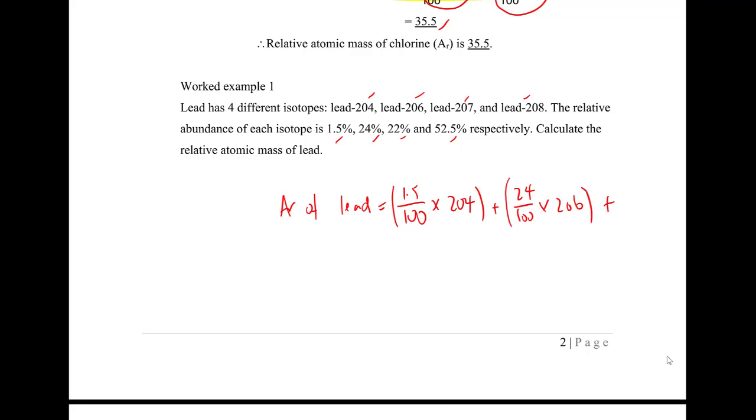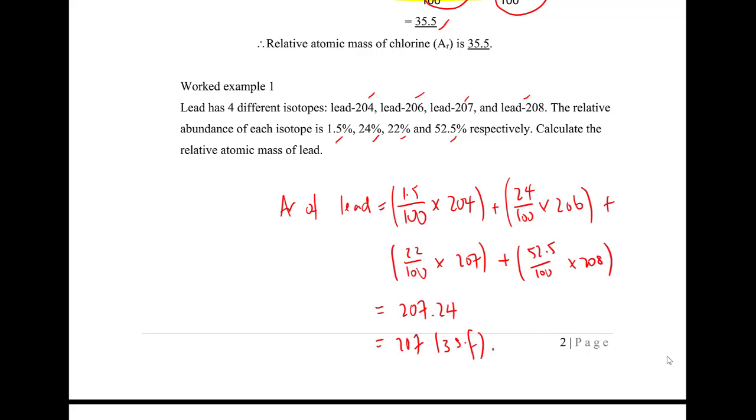We're going to add that to 22 over 100, 22% of 207, and you're going to add that to 52.5% of 208. Now, if you punch those values in the calculator, you get 207.24, which gives you 207 to 3 significant figures.